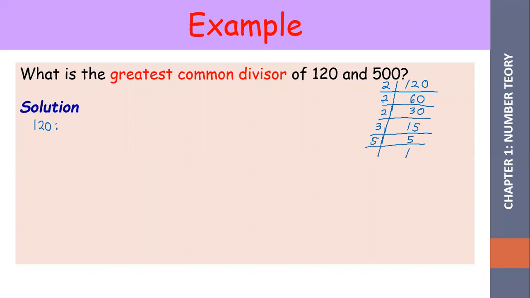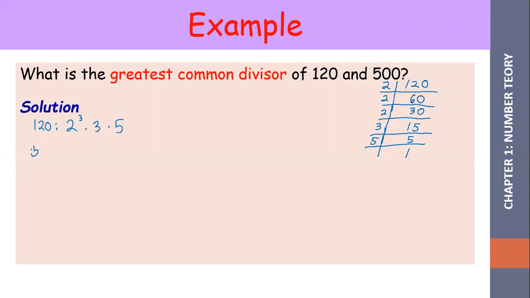So 2 times 2 is 4, times 2 is 8, times 3 is 24, times 5 is 120. So the prime factorization of 120 is 2 cubed times 3 times 5.